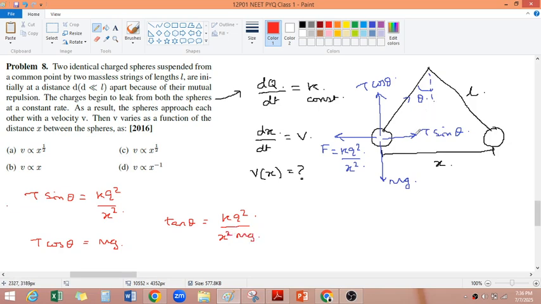Tan theta is opposite by adjacent. So it will be x by 2 here. This distance will be theta. So tan theta is opposite by adjacent, which is this height.